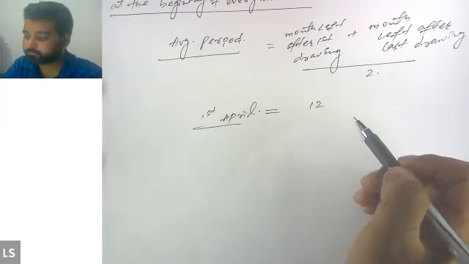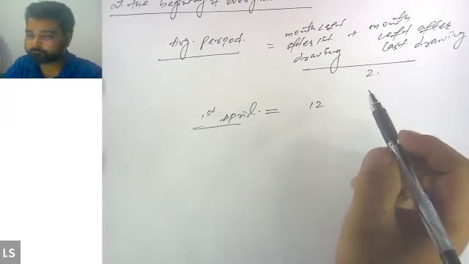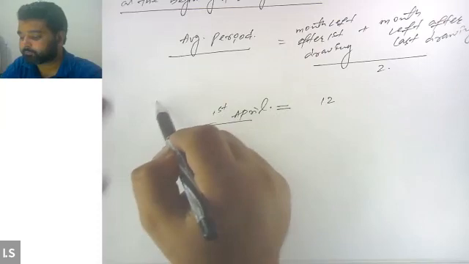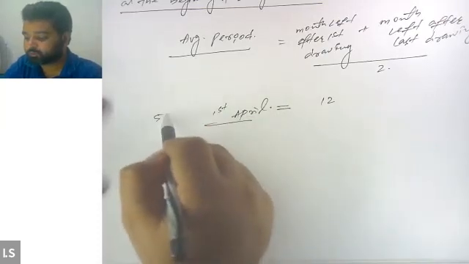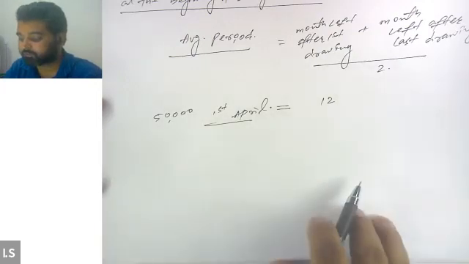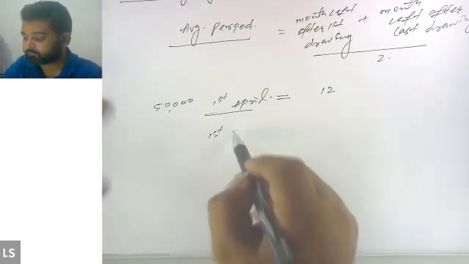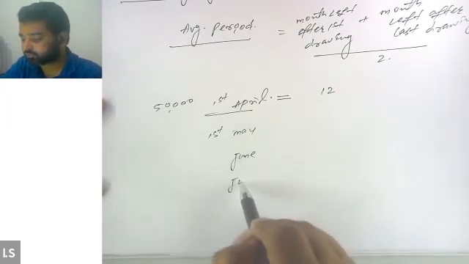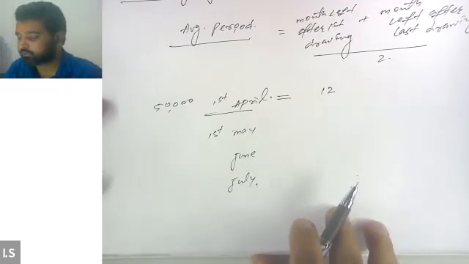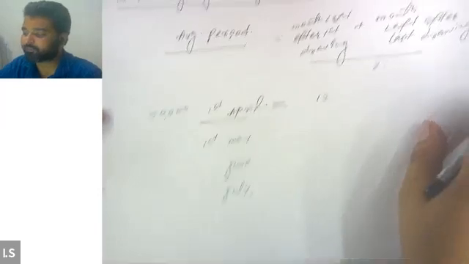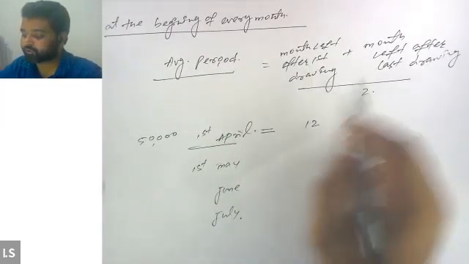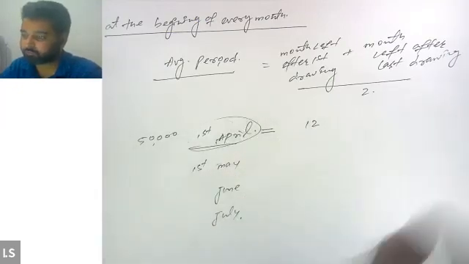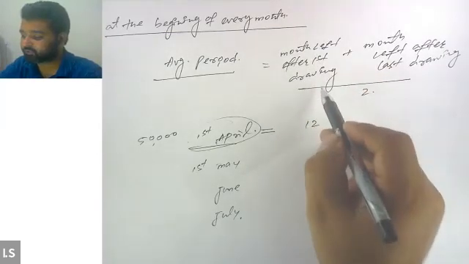Is this clear to you, everyone? Yes, sir. Let me explain this again. For example, the partner is withdrawing 50,000 every month. So he withdraws 50,000 on 1st April, then on 1st of May, then 1st of June, then 1st of July, and so on till 1st of March. When the first withdrawal has been made on 1st of April, there are 12 months still left. So months left after first drawing is 12, right?